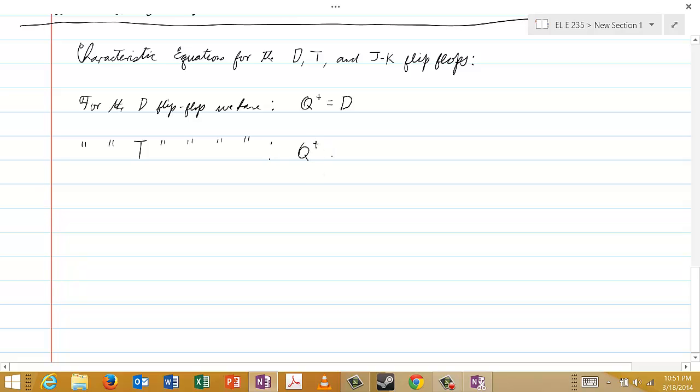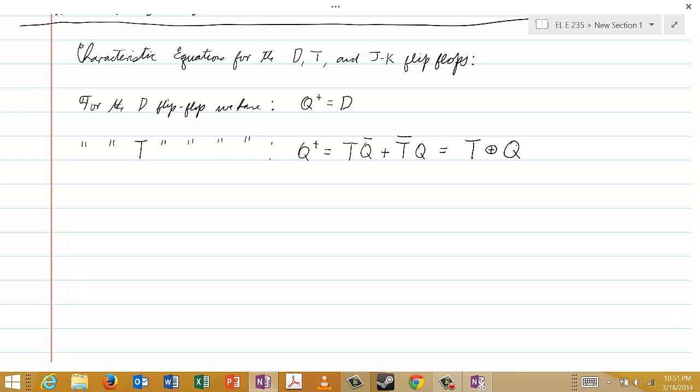We have that the next value of Q is equal to T ANDed with the current value of Q complement, and then that gets ORed with T complement ANDed with the current value of Q. And of course, that is the same thing as T exclusive ORed with Q.